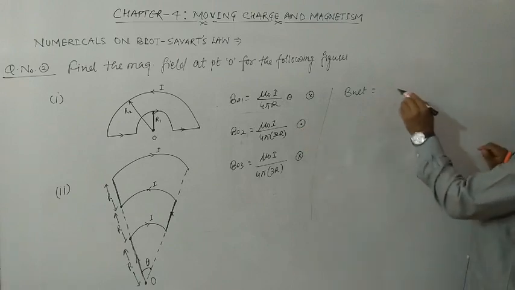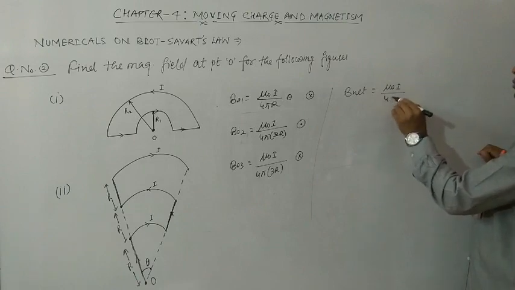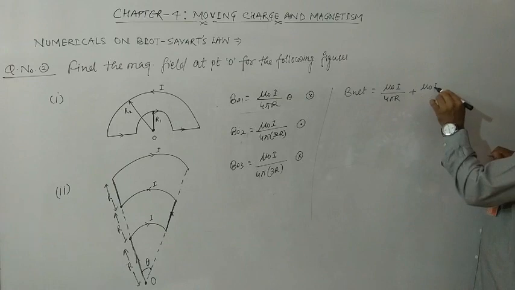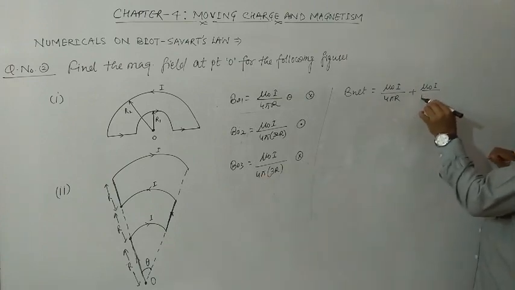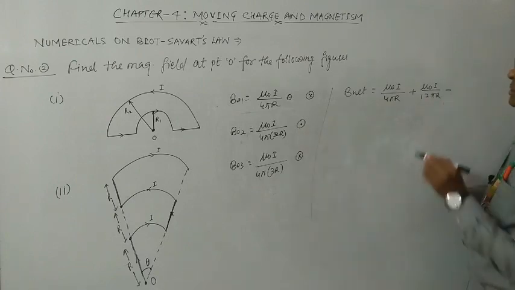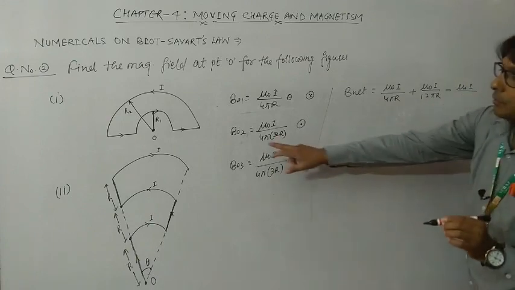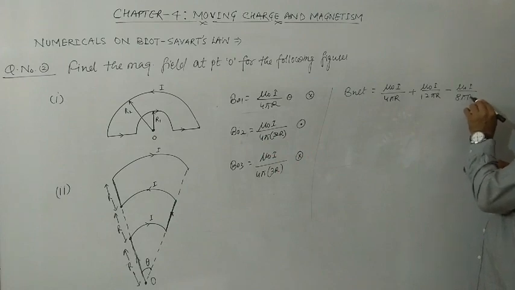So we can write mu 0 I upon 4 pi r plus mu 0 I upon 12 pi r minus mu 0 I upon 8 pi r.